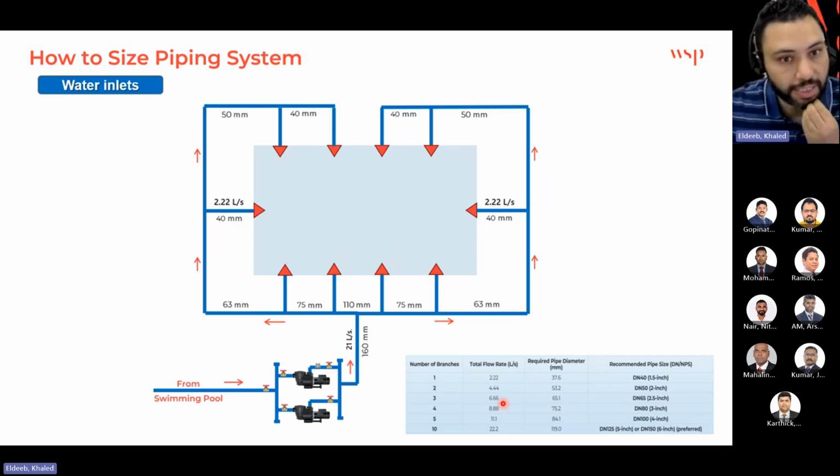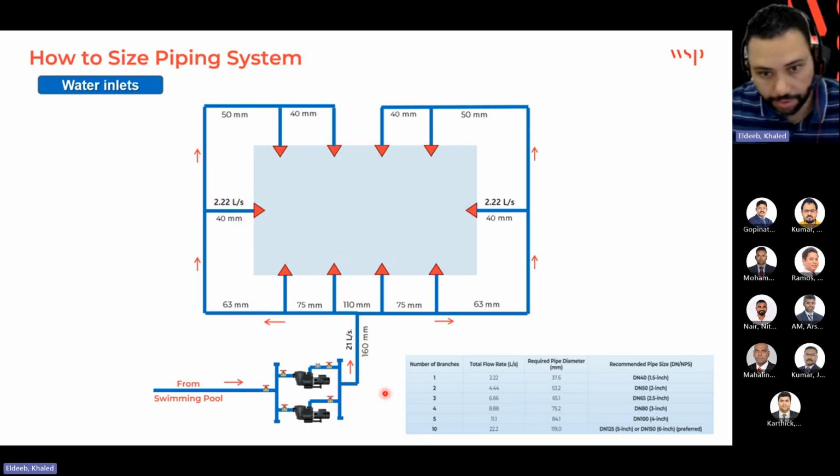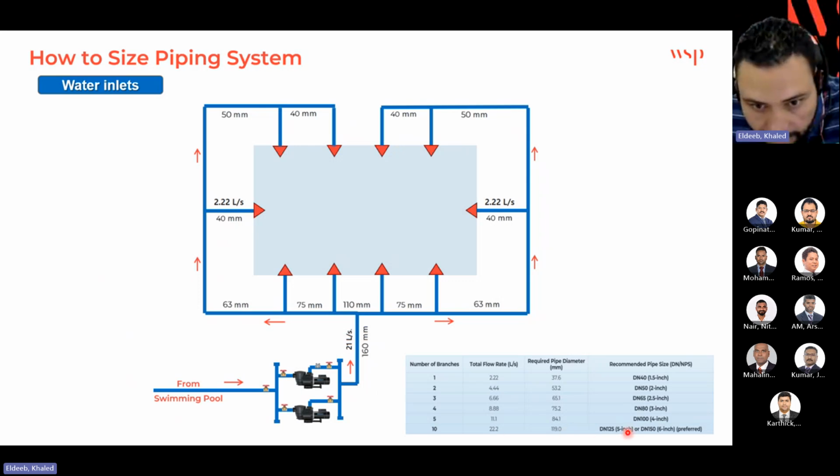Here is the same table, I minimized it for easy reference. So again, the flow rate of the pump, we know, is 21 liter per second. The velocity is 2 meters per second, so 6 inch is applicable here. This one feeds the entire pool, the total number of water inlets, which is 10. So we have 10 here, 6 inch.